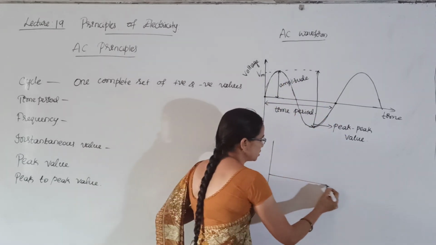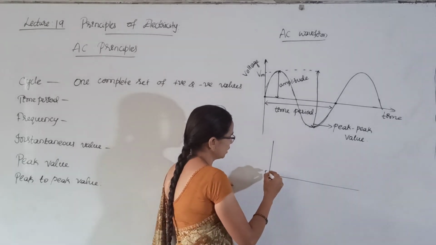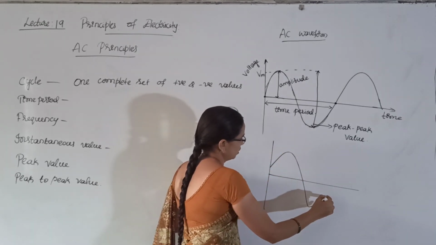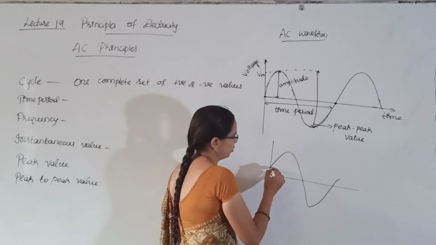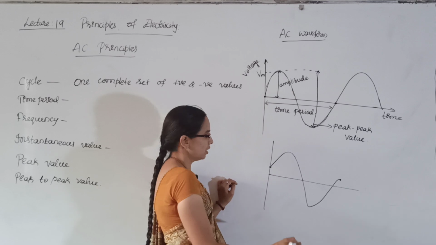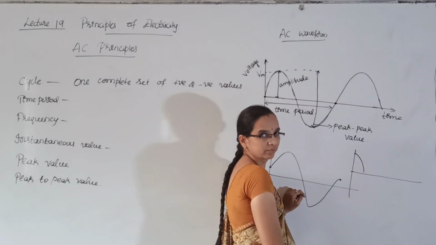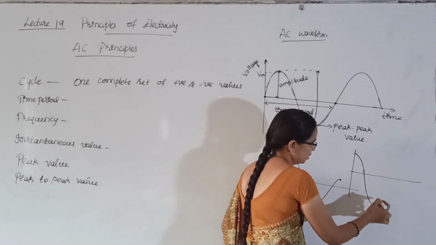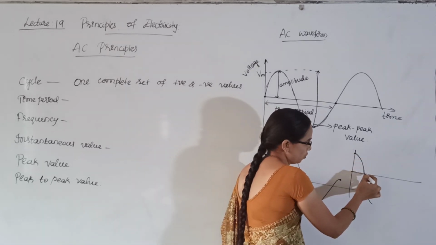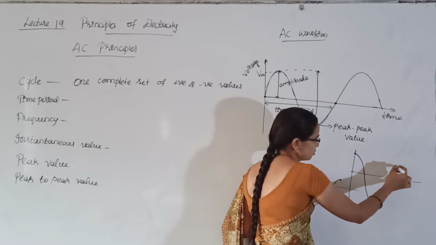If the cycle starts from here, from here to here, one cycle is completed. In the same way, if the cycle starts from here, it is at a positive peak, comes to 0, reaches the negative peak, comes to 0, and again has to reach the positive peak.